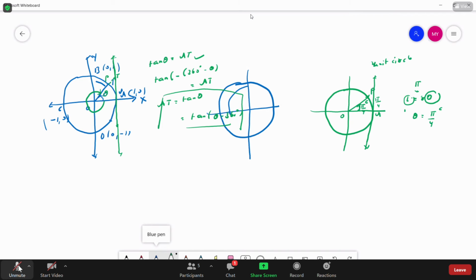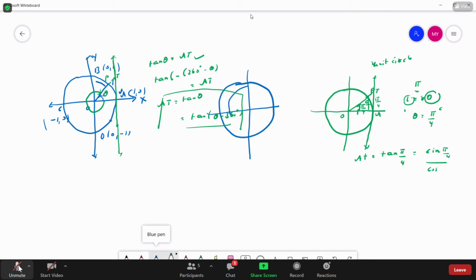So what is tan 5/4? You know this is numerically equal to this length by this length. Sin 5/4, wait, cos 5/4.